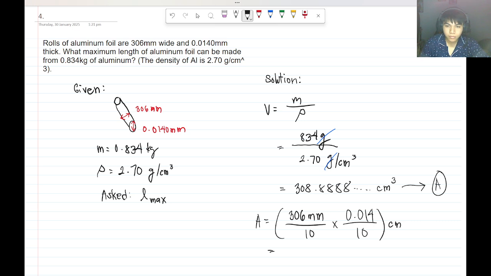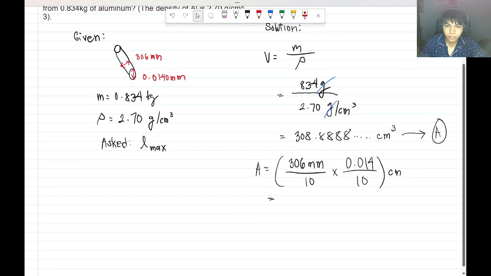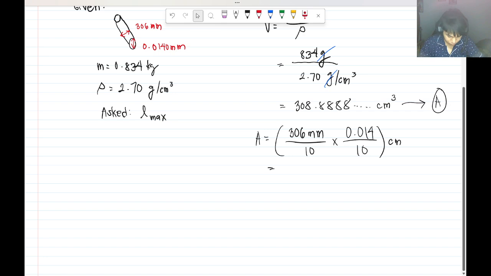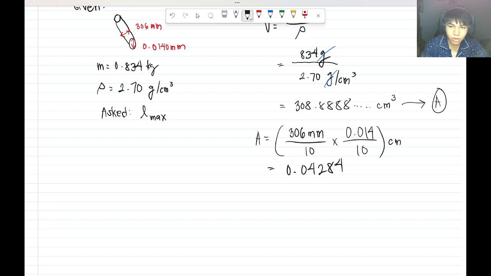Let's do this. 0.014 times 10. Yeah. So we will have 0.04284 square centimeters.